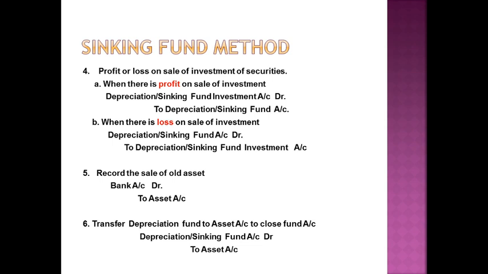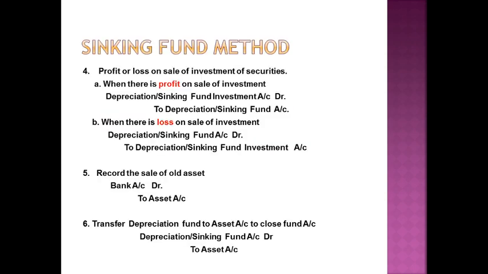Then we sell the old asset, and the journal entry is Bank Account debit to Asset Account. At the time of closure of the fund account, the entry passed is Depreciation or Sinking Fund Account debit to Asset Account. So these were the journal entries in the three different financial years under the sinking fund method of depreciation.